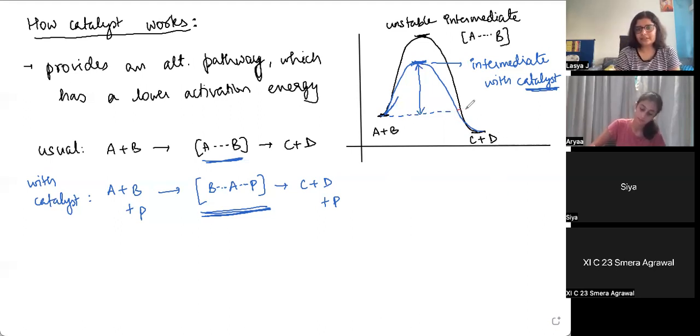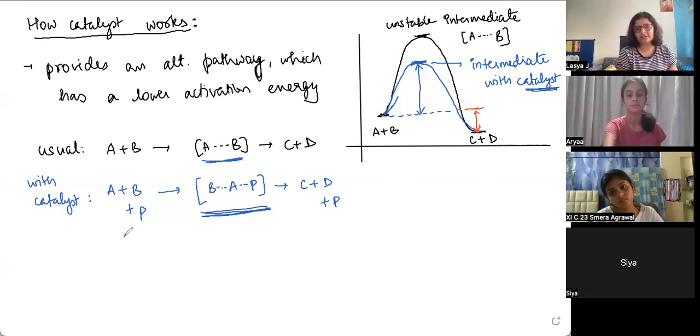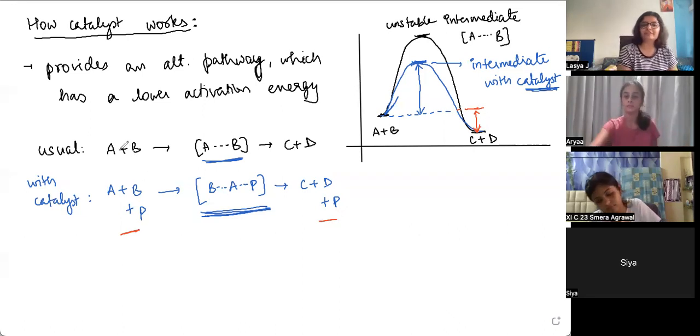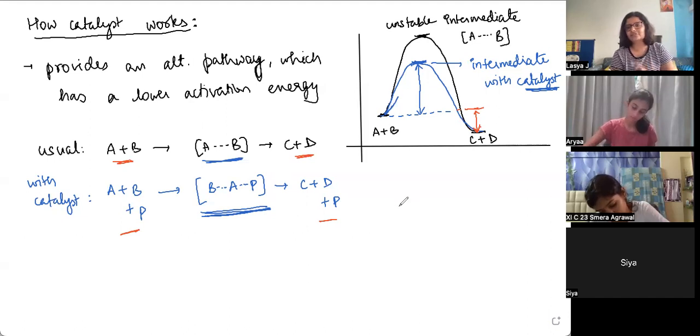So if you compare the overall, delta H remains the same, entropy remains the same, because if you look at the initial and the final stages of the reaction, it is not different from your usual pathway. So by using a catalyst, that's where your points about delta G does not change.